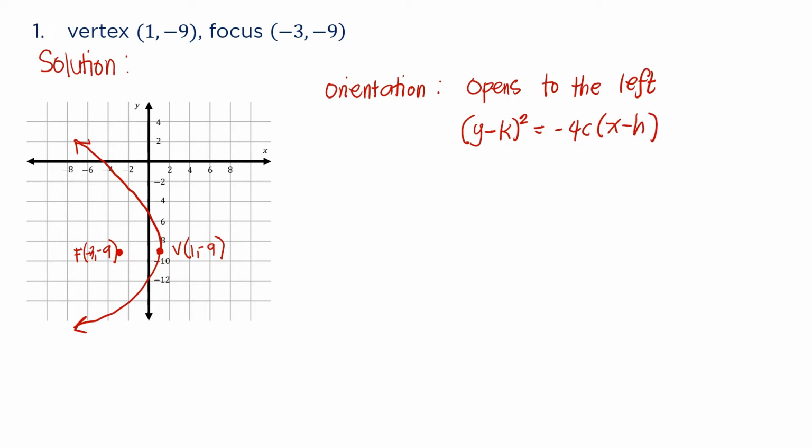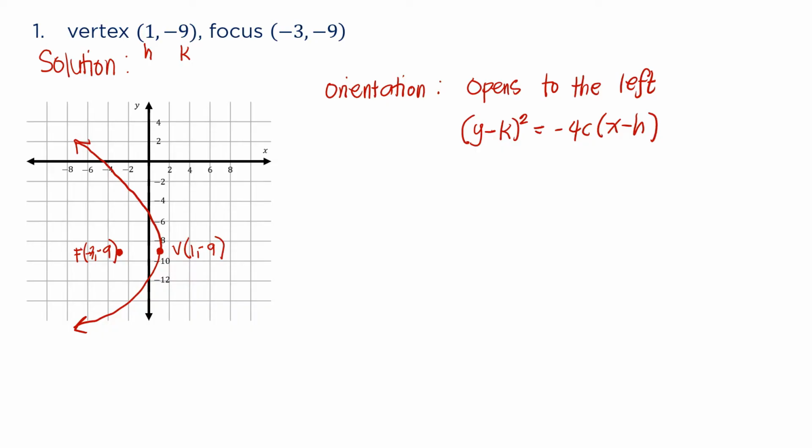Here we need the values of h, k, and c to know the form of the standard equation of the parabola. In this case, since the vertex is given, we can now have the values of h and k. So our h is 1, our k is -9.